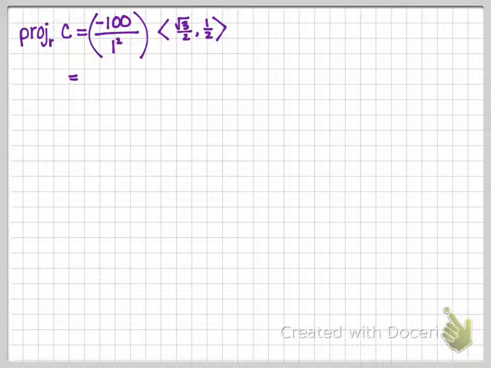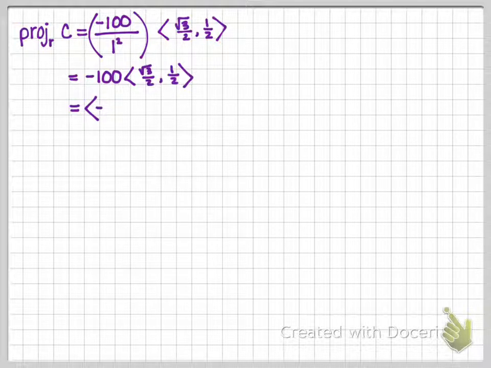Negative 100 divided by 1 is negative 100. And then I've got, still inside, square root 3 over 2, 1/2. So after I simplify, I'll end up with negative 50 square root 3, and then negative 50. And here's the vector that we end up with of that cart being projected onto our ramp.